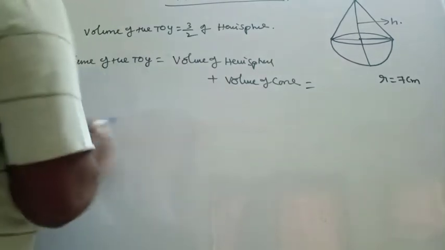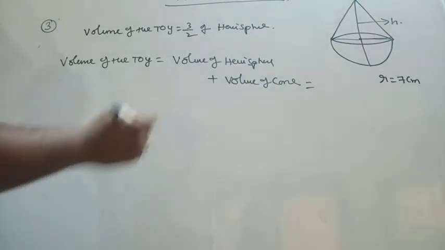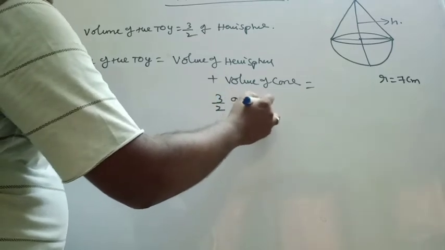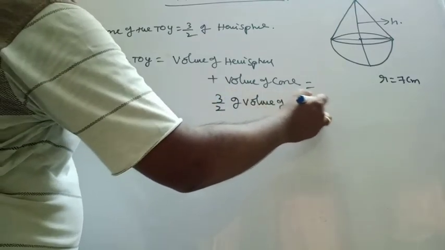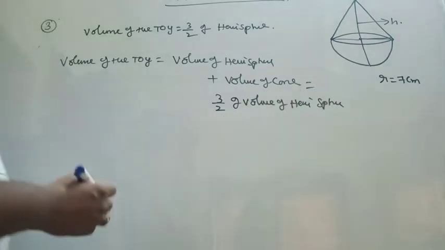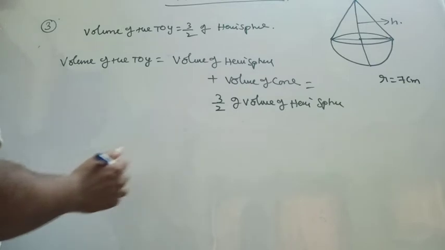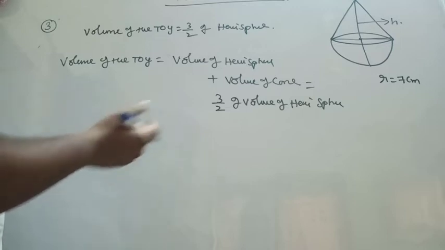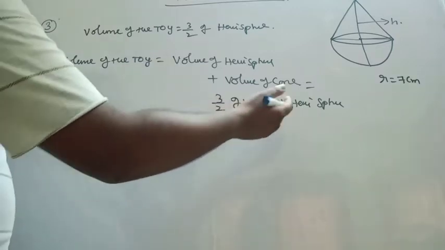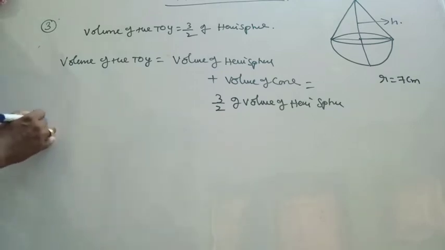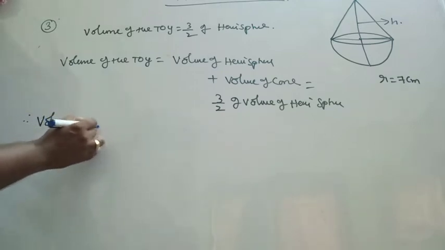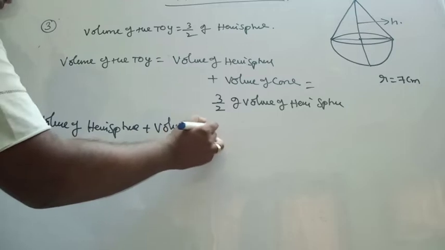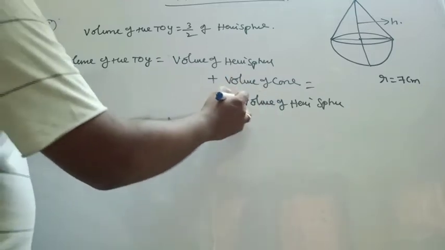Volume of the hemisphere plus volume of the cone is equal to 3/2 times the volume of the hemisphere.